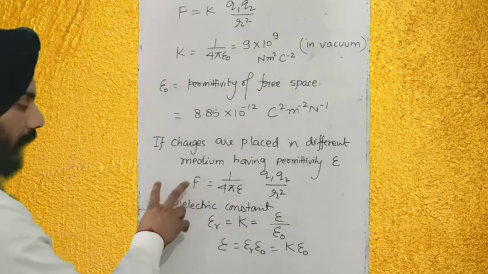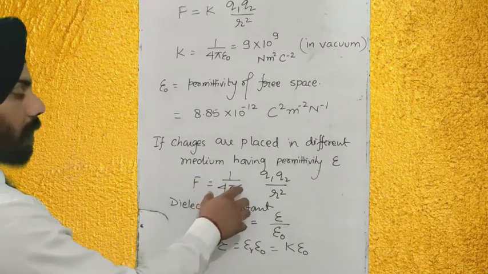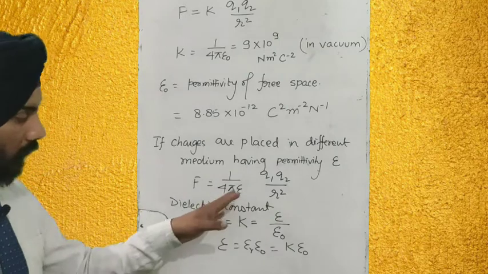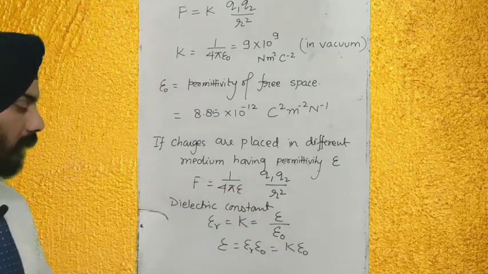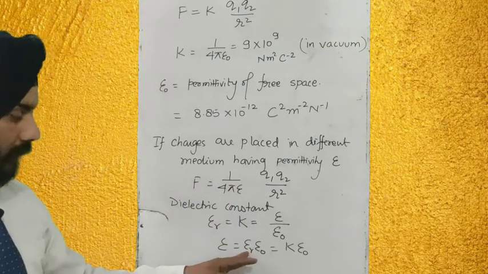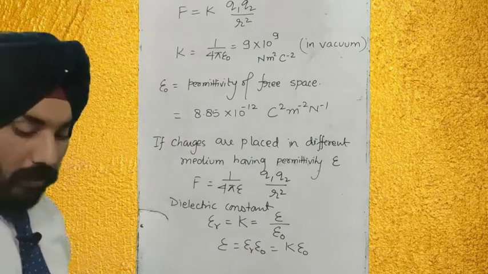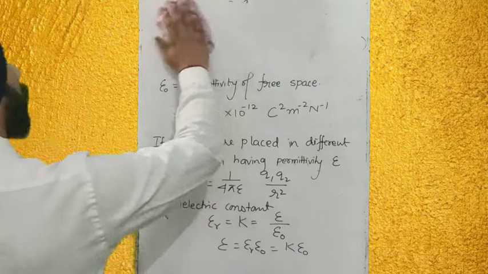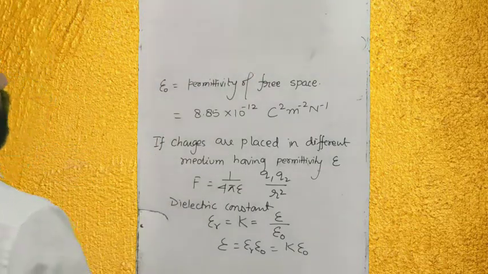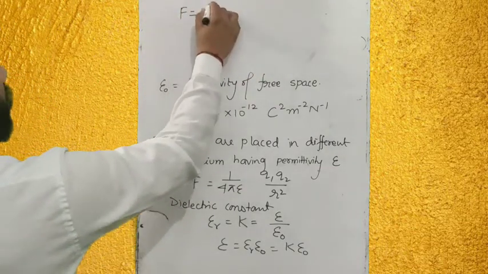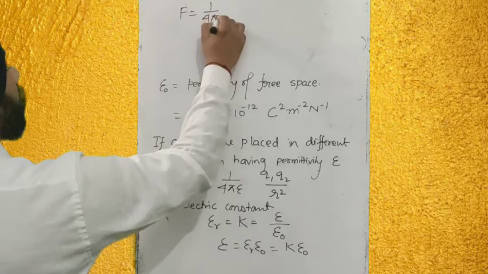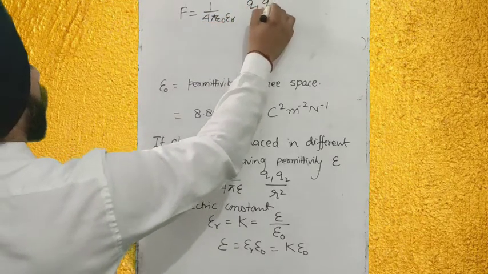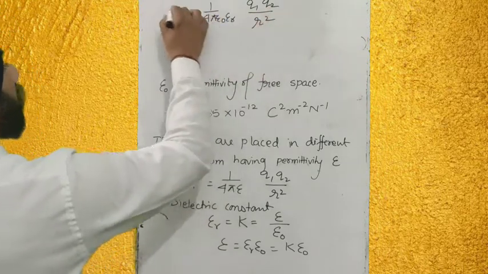So when we write F is equal to 1 upon 4 pi epsilon naught Q1 Q2 upon R square, removing this epsilon we can write it as epsilon R epsilon naught. So the formula will change a little. Now it can also be written as F is equal to 1 upon 4 pi epsilon naught epsilon R Q1 Q2 upon R square.